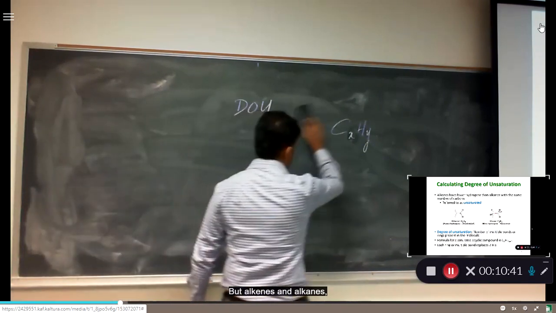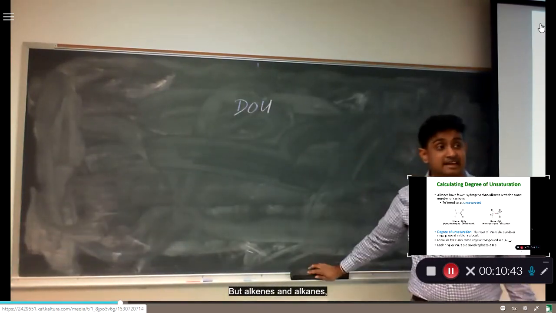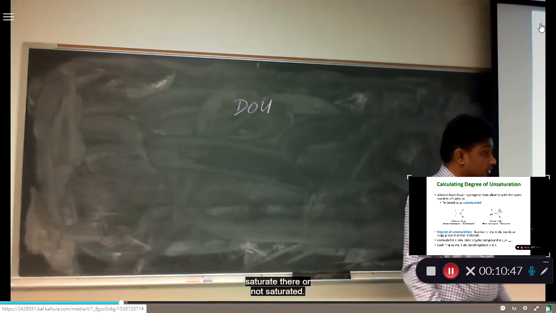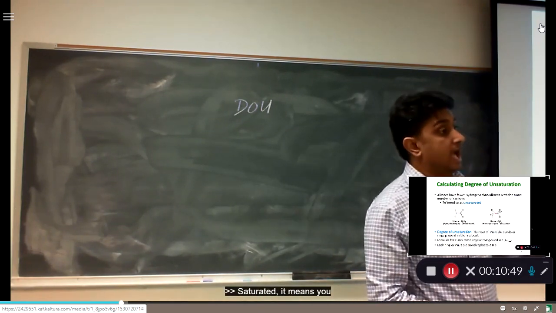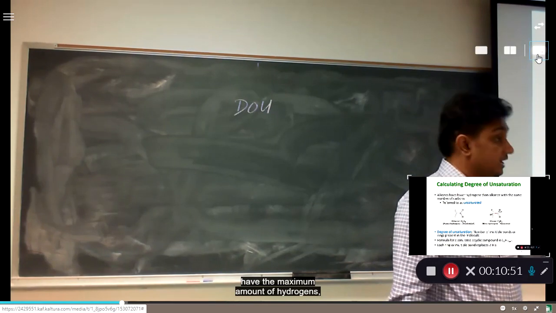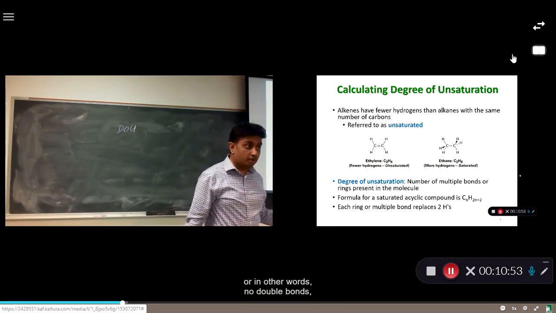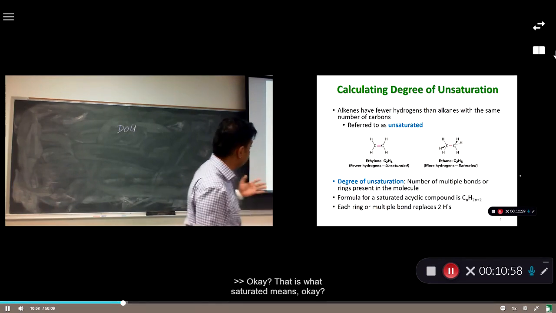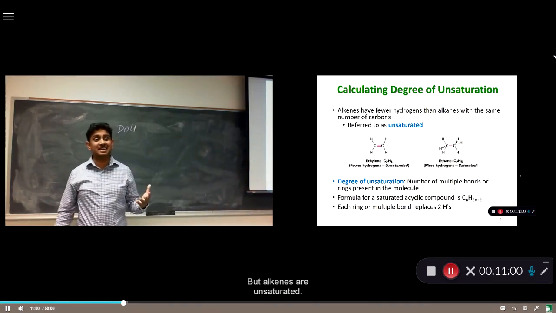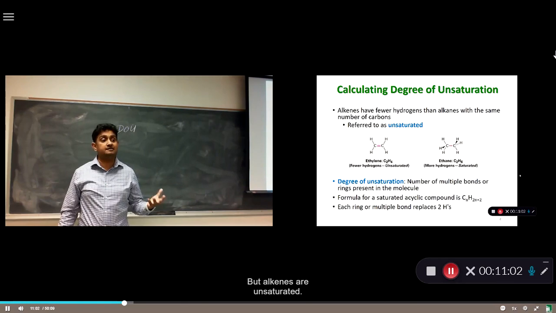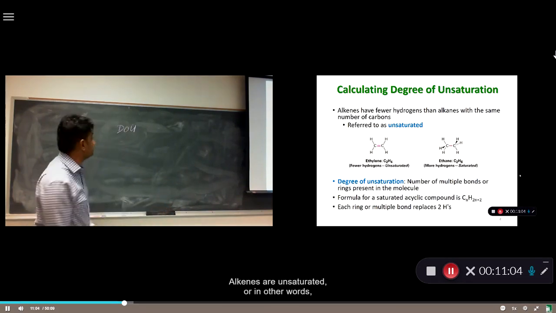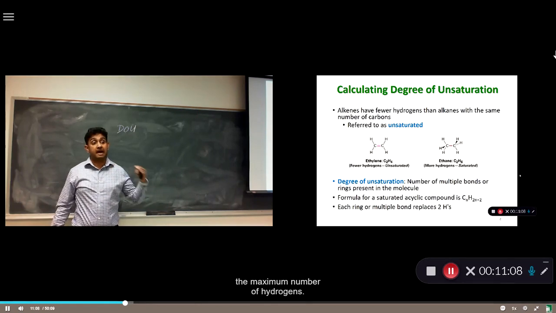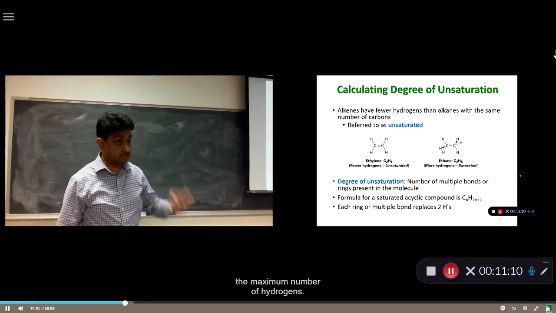But alkenes and alkynes are not saturated. Saturated means you have the maximum amount of hydrogen, in other words, no double bonds, no triple bonds, and no rings. Alkenes are unsaturated, or in other words, they do not have the maximum number of hydrogens.